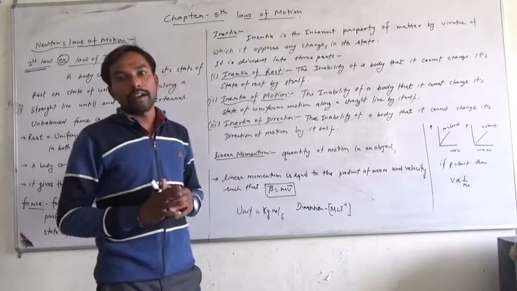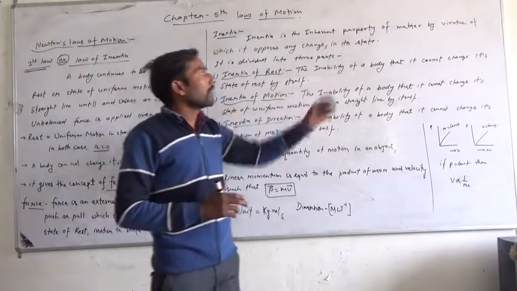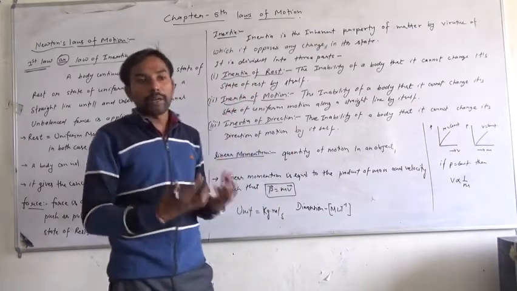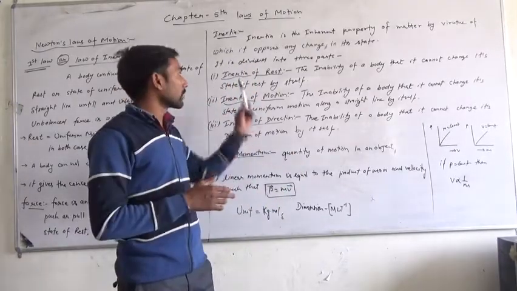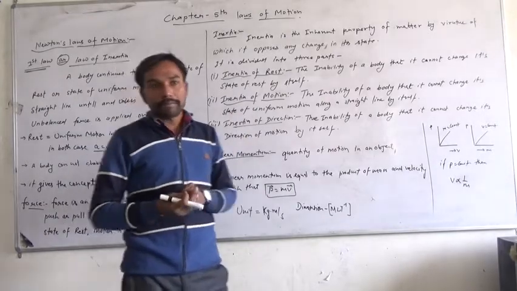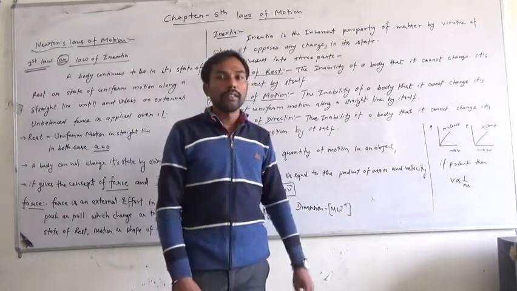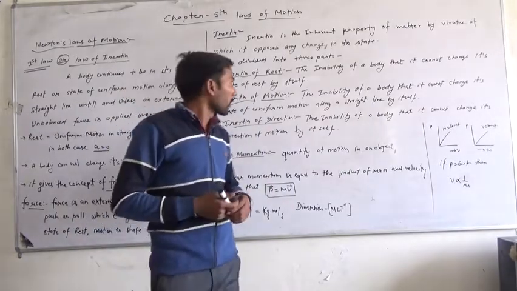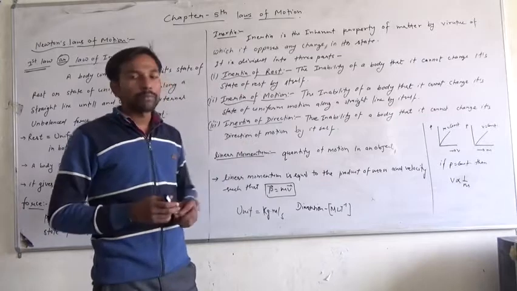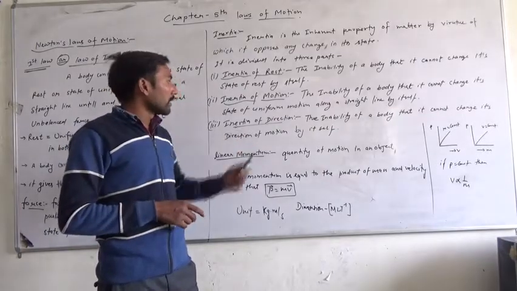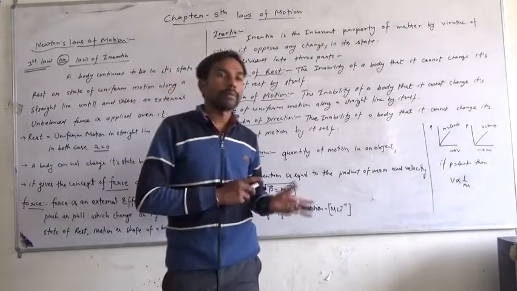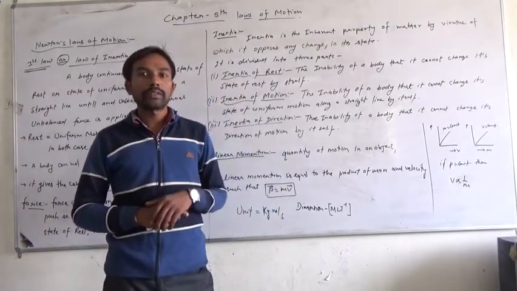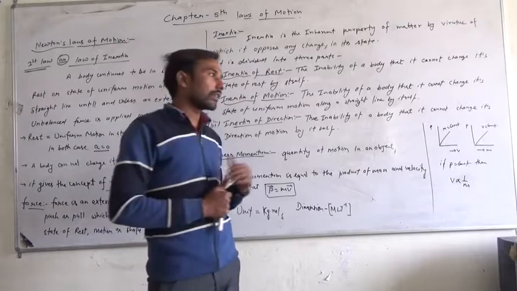The inability of a body to change its state of rest by itself is known as inertia of rest. Similarly, the inability of a body to change its state of uniform motion is known as inertia of motion. And inertia of direction means the inability of a body to change its direction of motion by itself.